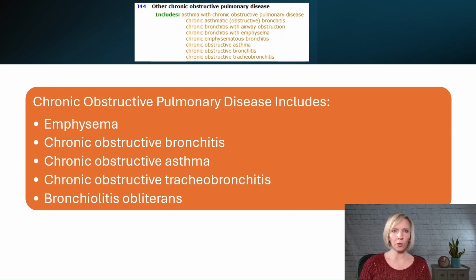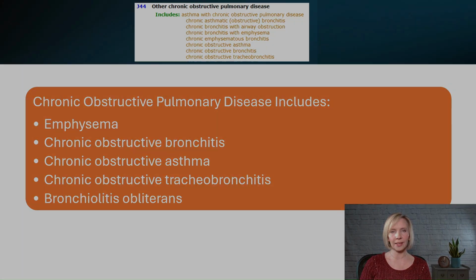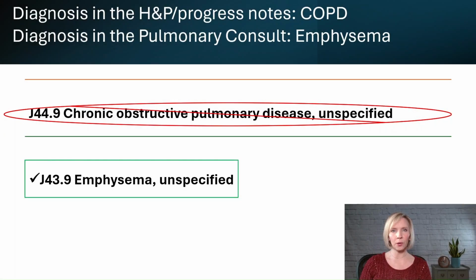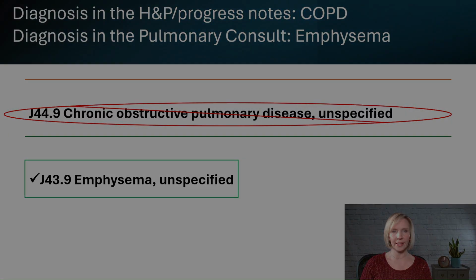Code J44.9, chronic obstructive pulmonary disease unspecified, should only be used when a more specific code cannot be assigned. For instance, if it's noted throughout the record that the patient has COPD, and a pulmonary consultant who sees the patient during the hospitalization documents that the patient has emphysema, only the code for emphysema should be used since it represents the specific type of COPD.